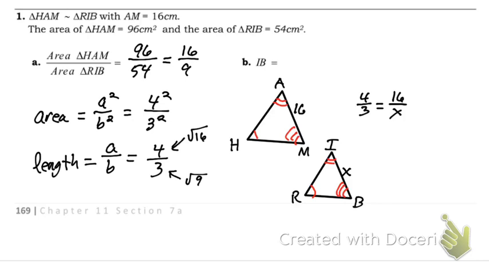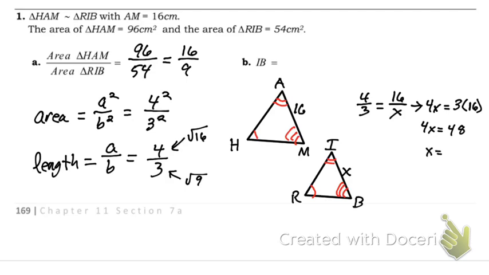And you just cross multiply now. So it matters if I pick 4 over 3, which goes in the next one, right? All right, so now we just cross multiply. We would get 4x equals 3 times 16. So we are going to have 4x equals 48.